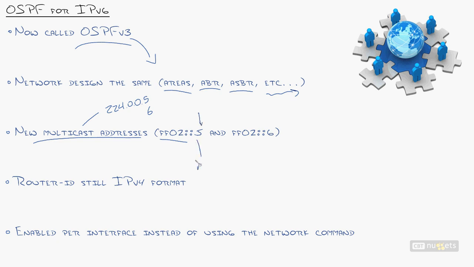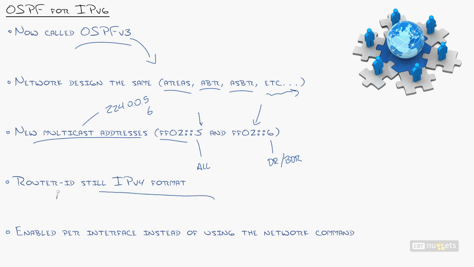This is for all OSPF routers. And then ::6 is for the DR and BDR. Remember, the king and queen of the broadcast-based network, so you don't have to have full neighbor relationships with everybody. So the concept is the same, just new IPv6 compatible multicast addresses.